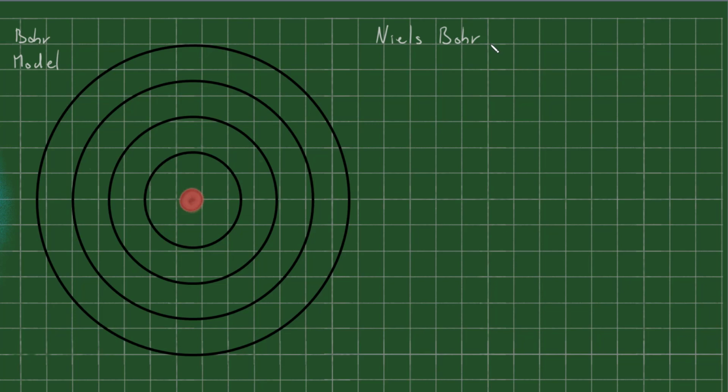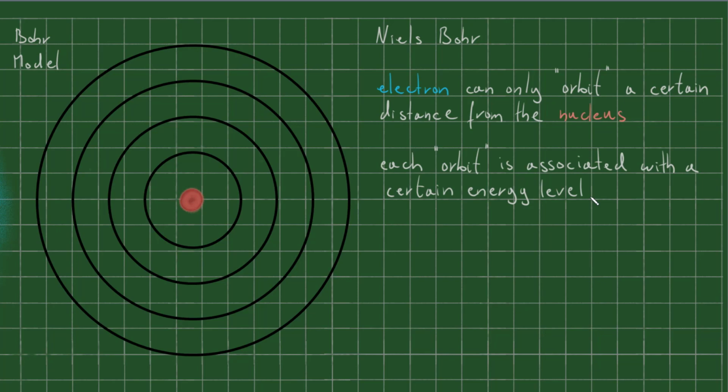He determined that the electron can only orbit a certain distance away from the nucleus, and that each orbit is associated with a certain energy level. From the point of view of the electron, this means that the further it is from the nucleus, the more energy it requires. Each energy level is assigned a principal quantum number.